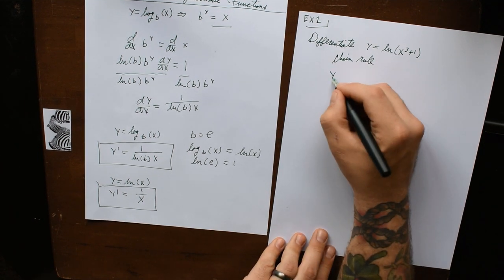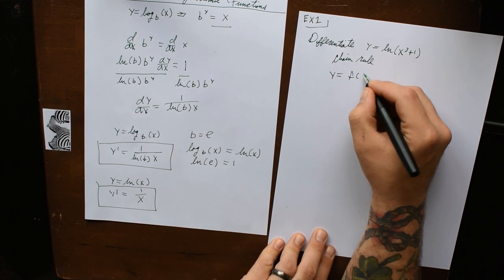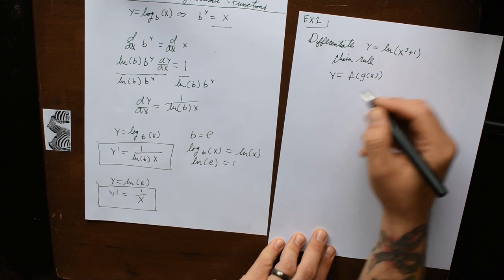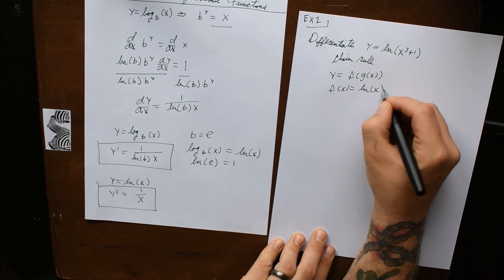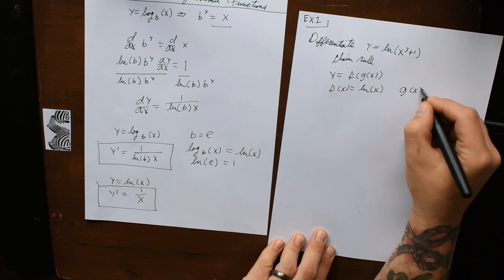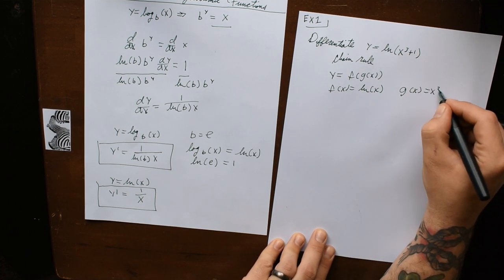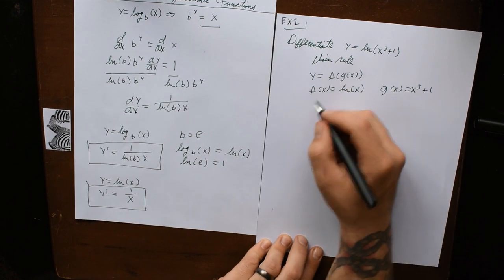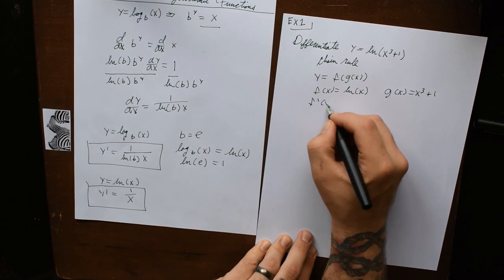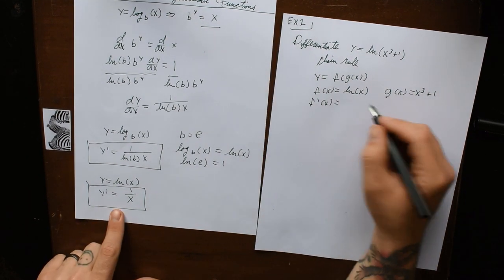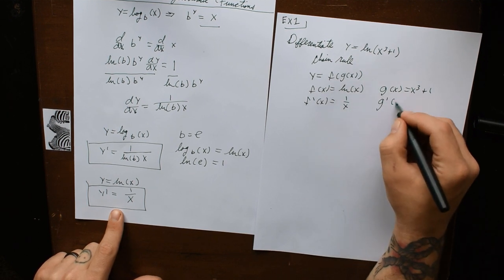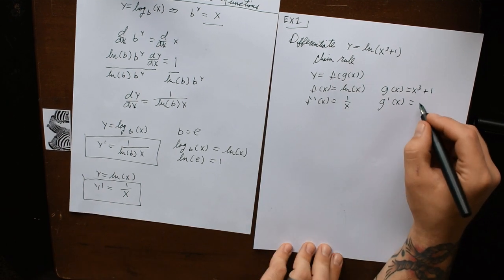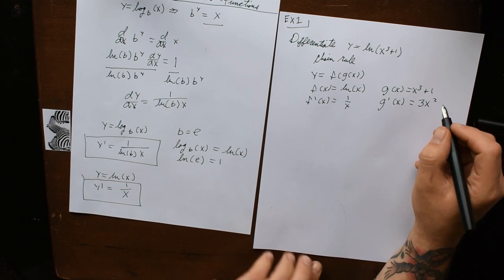So y is a composition of functions where f of x is the natural log of x and g of x is x cubed plus 1. That means f prime of x is 1 over x, and g prime of x is 3x squared.